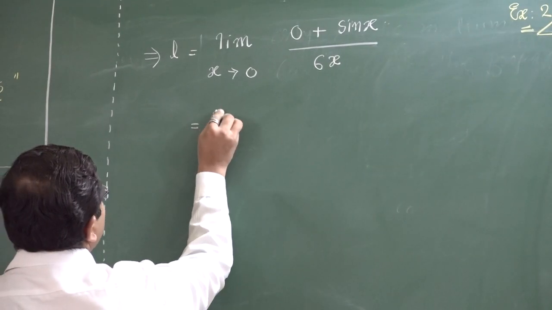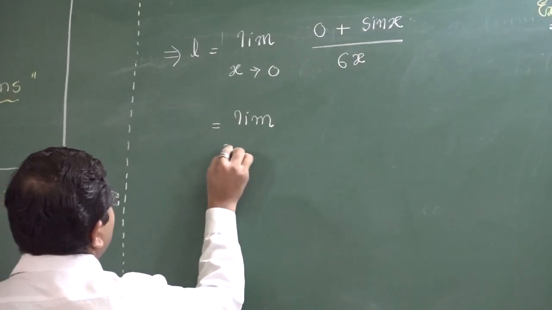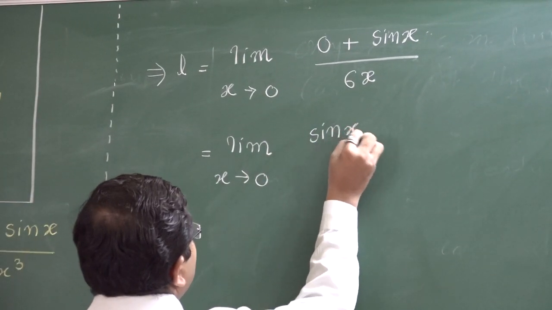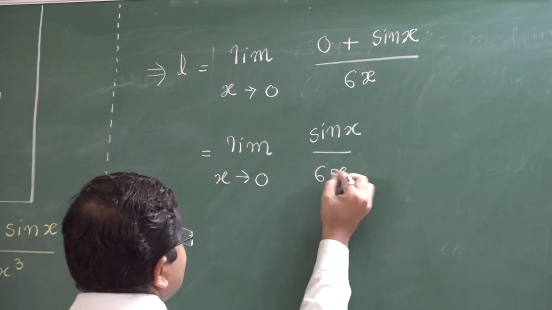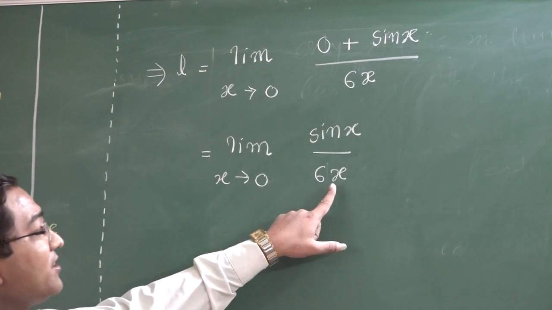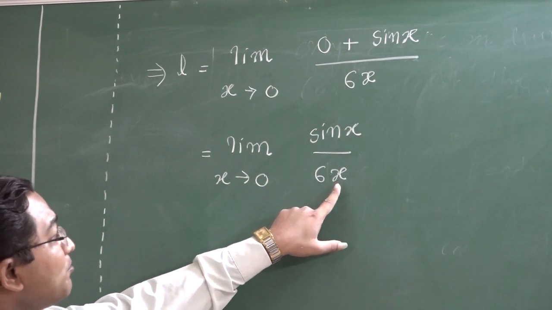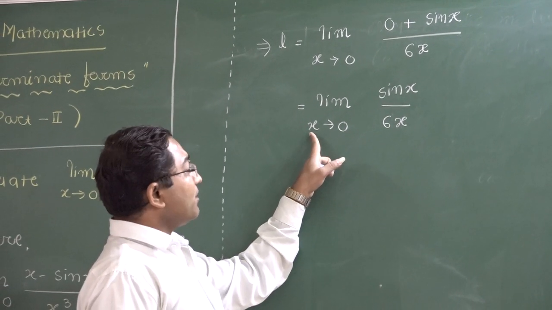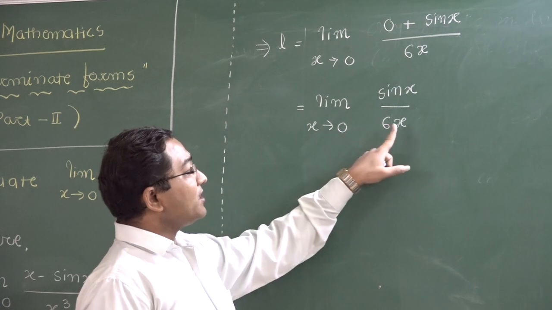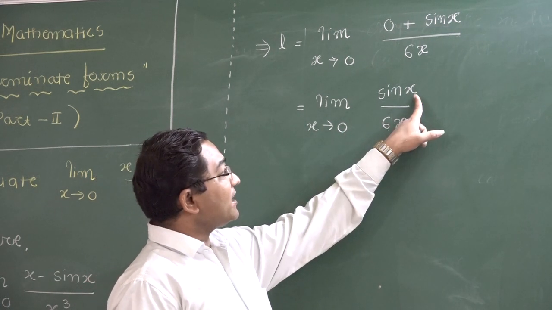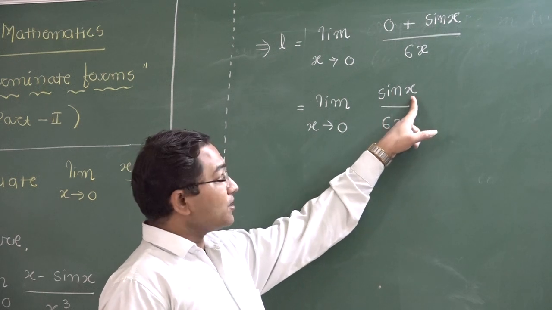So that is equal to limit x tends to 0 of sin x upon 6x. Check that if the denominator is not equal to 0, then the answer will be a finite number, but here the denominator is 0 at the point x equal to 0. When we substitute x equal to 0, we get 0 into 6, answer 0, and the numerator sin 0 is 0.